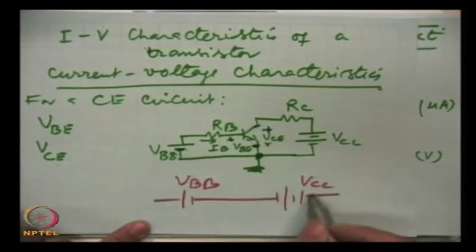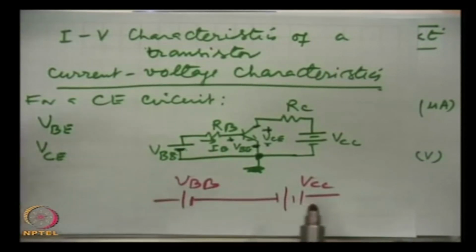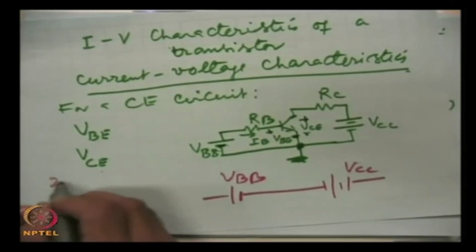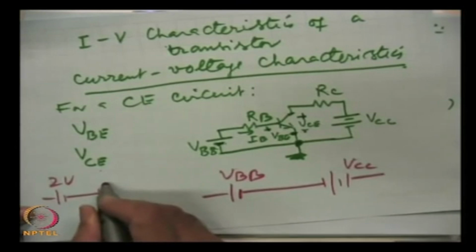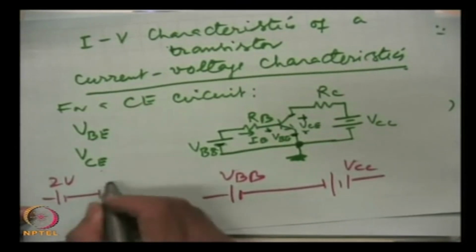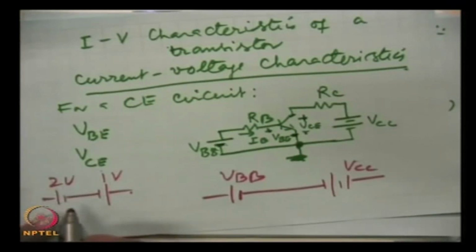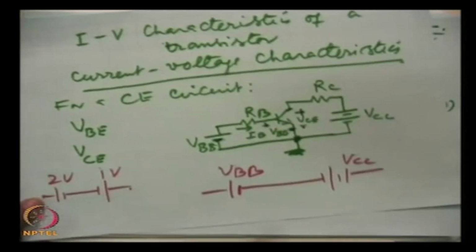If this is very small, then this will be dominating. Very simple. If you take for example a 2 volt battery with this polarity, and you connect here a 1 volt battery with this polarity, then what will be the effective potential? Difference of the 2, and this polarity will be dominating. So, this will be like this.